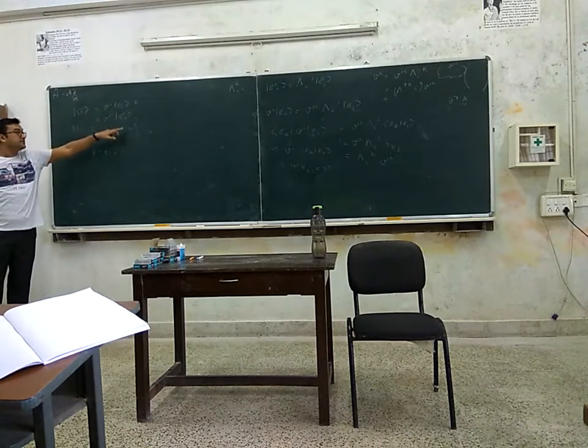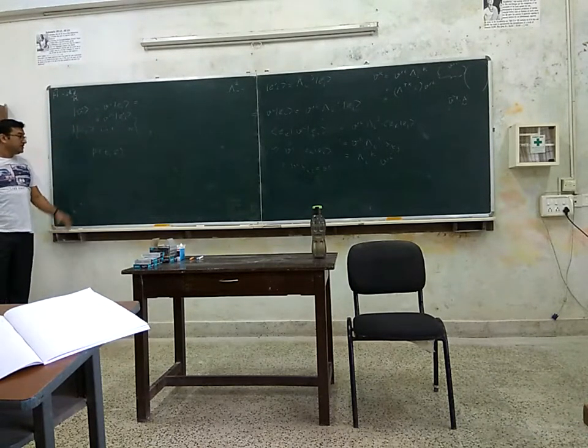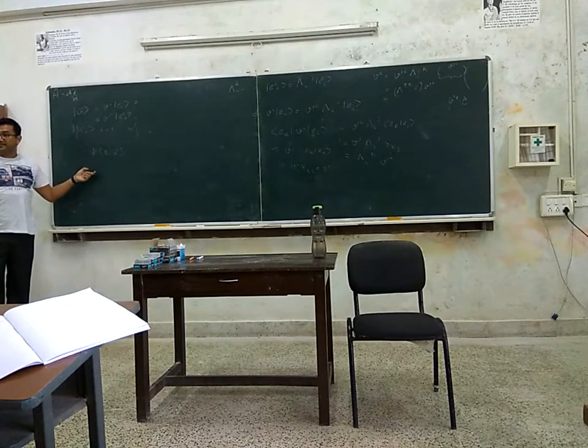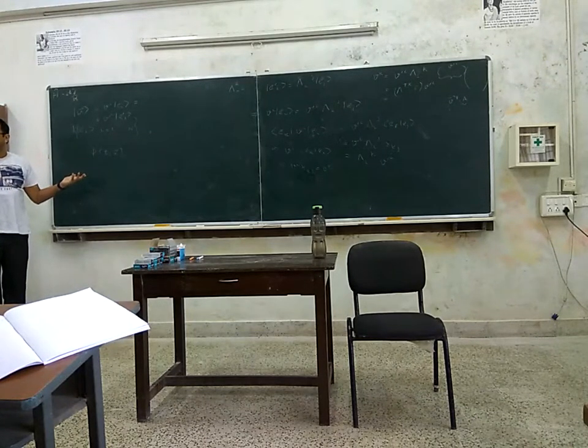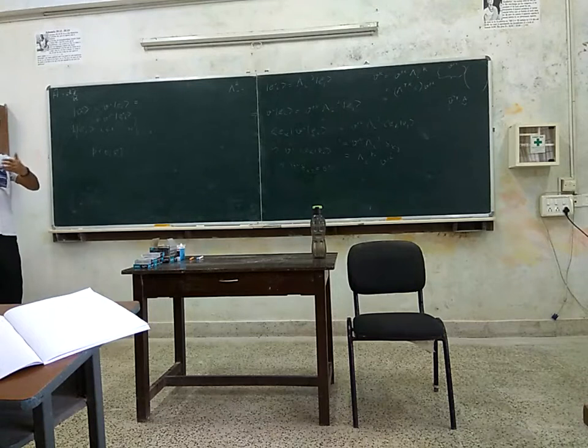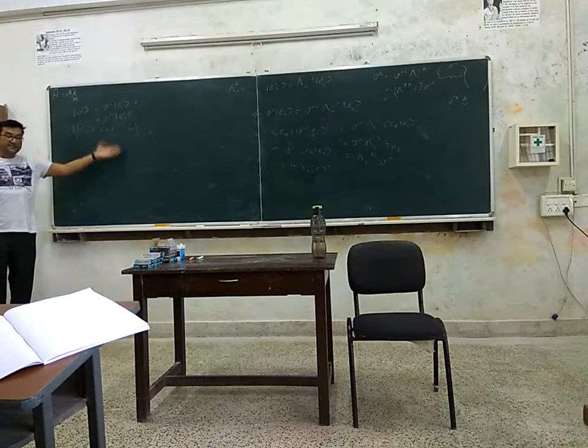N is a finite index. Now I'm calling this phi a vector. Why am I calling it a vector? If I have a vector, the vector must have some index which allows me to select which component I'm talking about. What would be the index here?